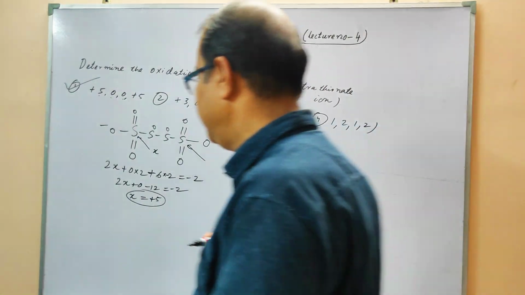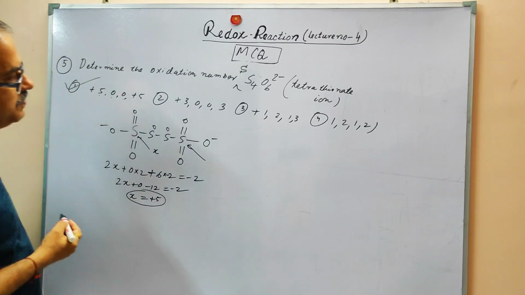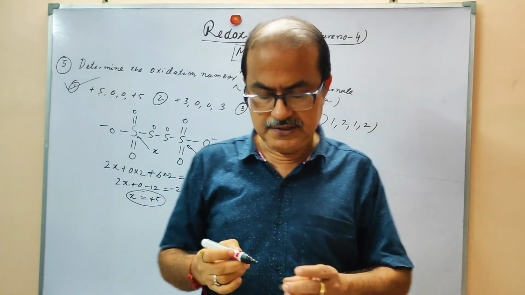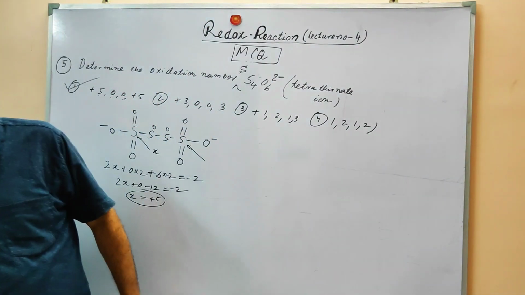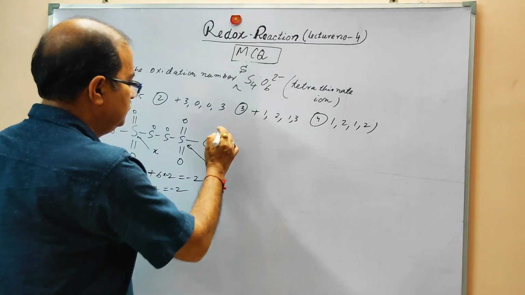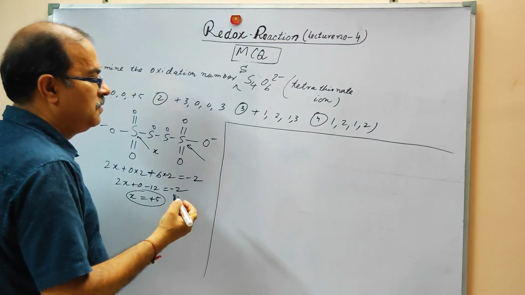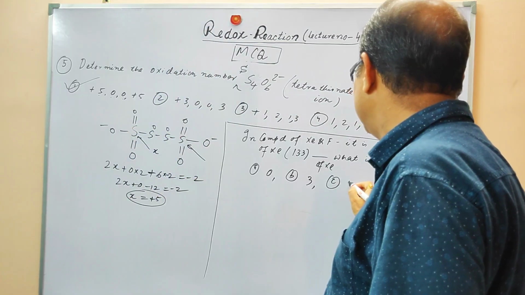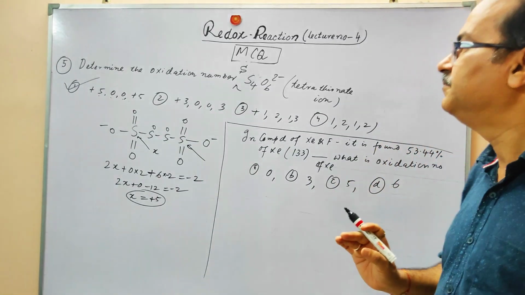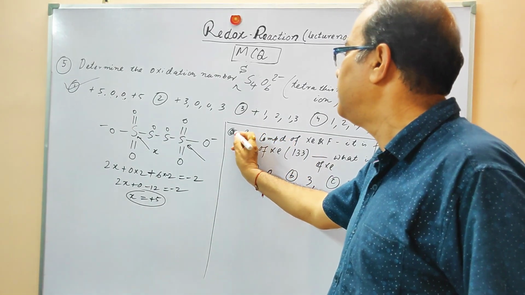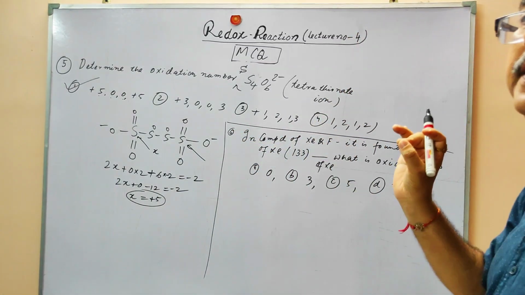Another question, that is question number 5. Another question that we are going to discuss is in the form of numericals. For this type of question, you have to first determine the empirical formula.